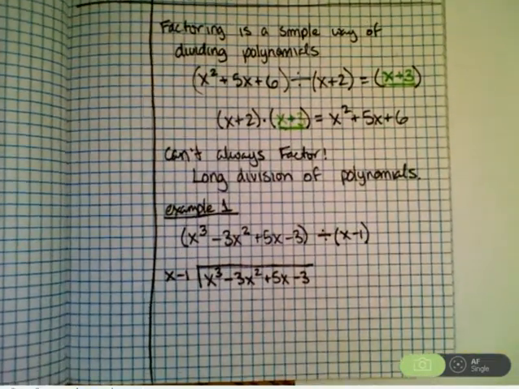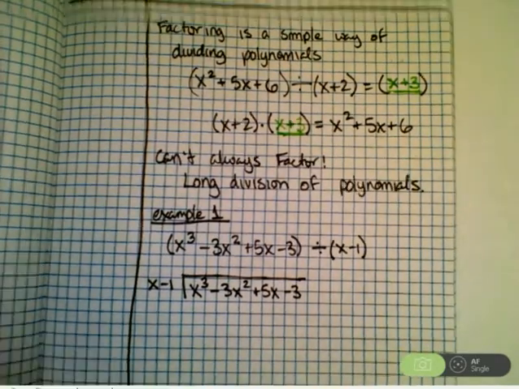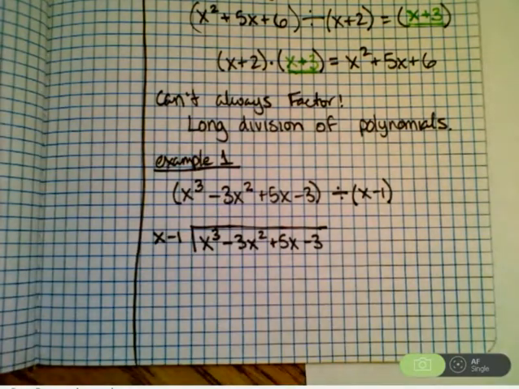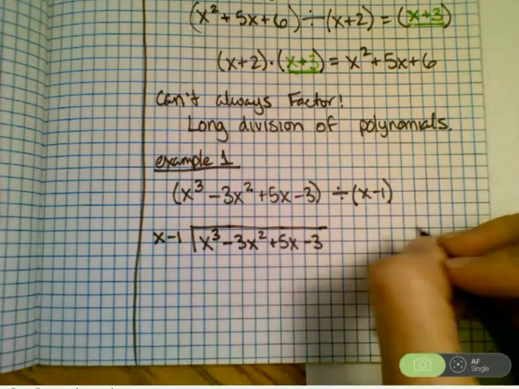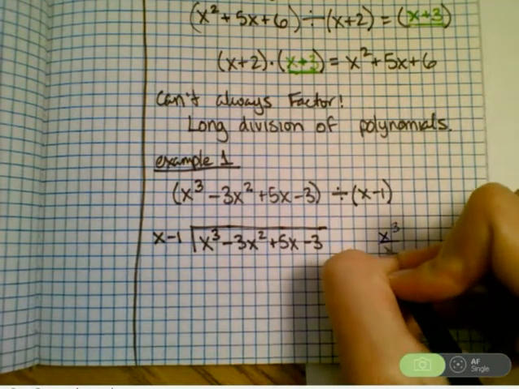The first thing we ask ourselves is, how many times does x go into x to the third? Another way to look at that, and I like to keep track of these supplementary steps on the outside, is what's x cubed divided by x.